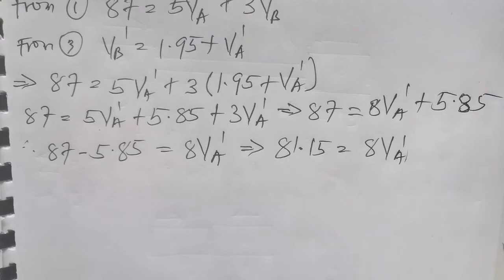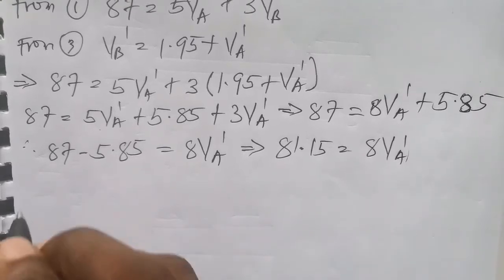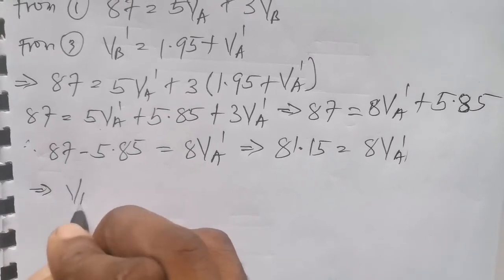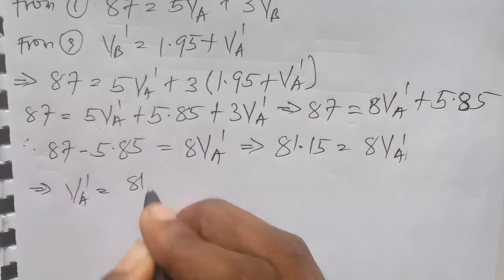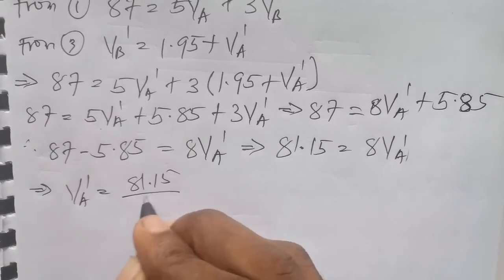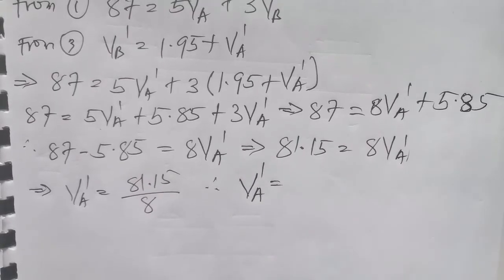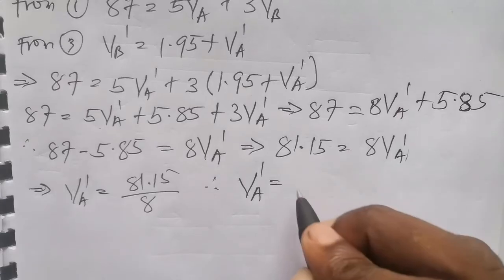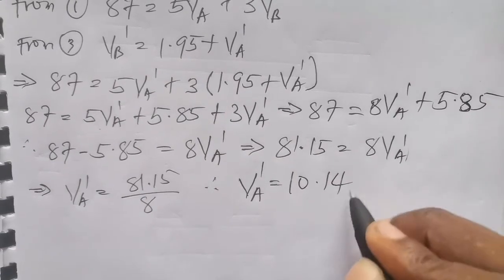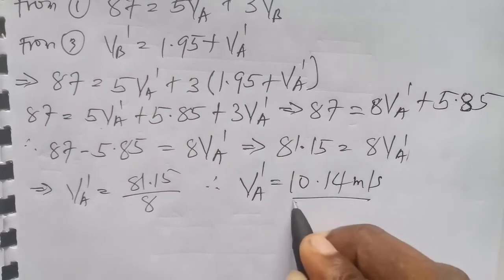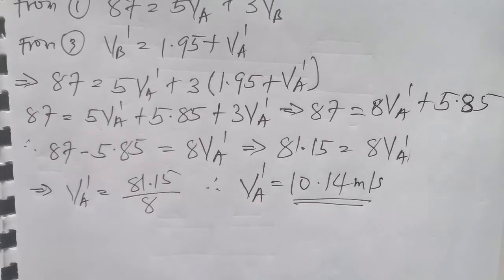So we can make VA prime the subject of the formula. VA prime is equal to 81.15 divided by 8, and therefore the final speed of block A or collar A after collision becomes 10.14 meters per second. So this is the final velocity of block A after the collision has taken place.